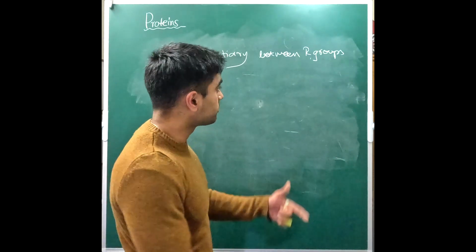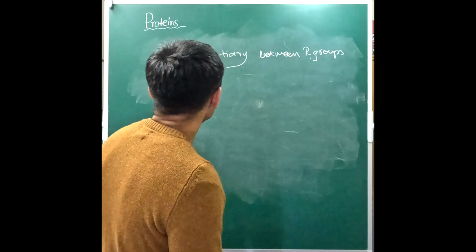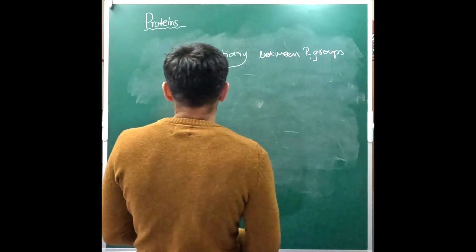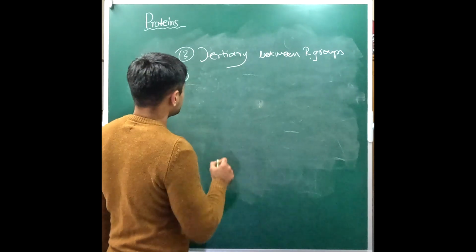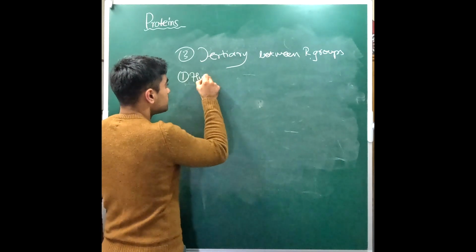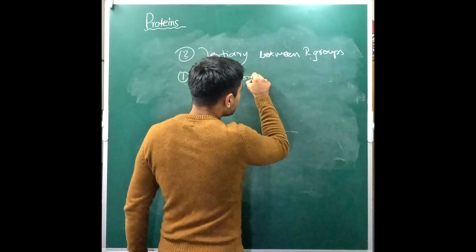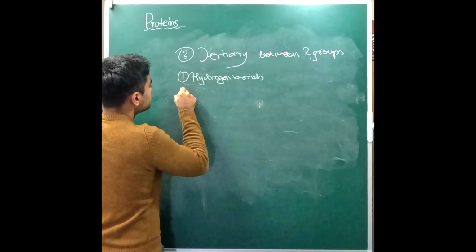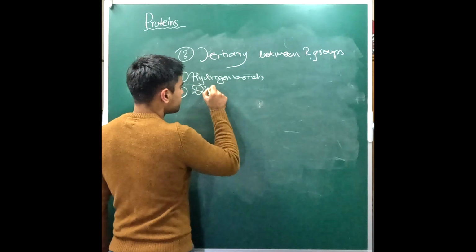Which form the tertiary structure. Okay, what are they? Number one, you've got hydrogen bonds. Who could have guessed? Number 2, disulfide bonds. You know what?